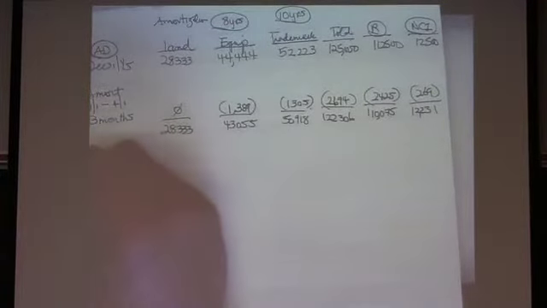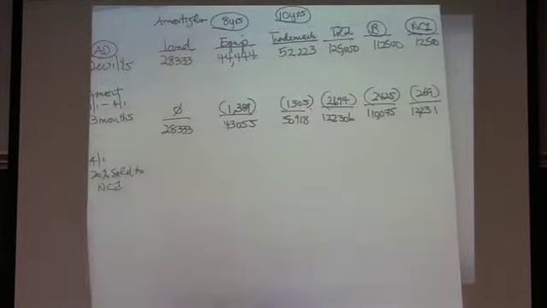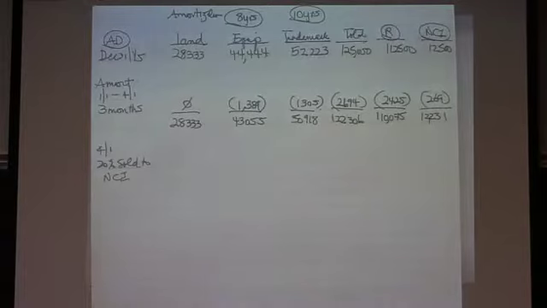So we're going to say April 1st, 20% sold to NCI. So we're going to take 20% sold to NCI.